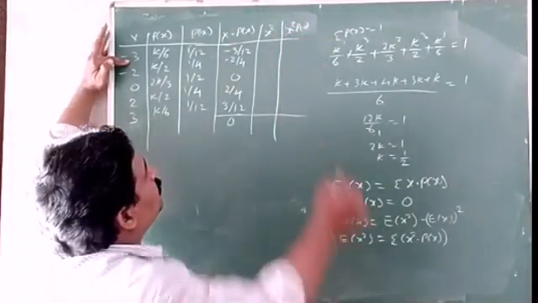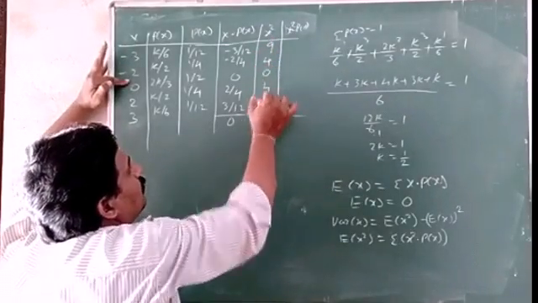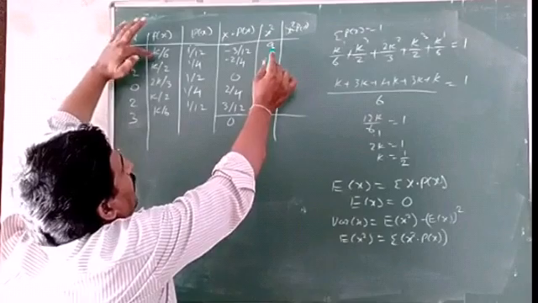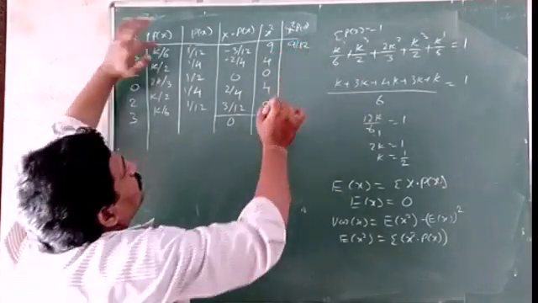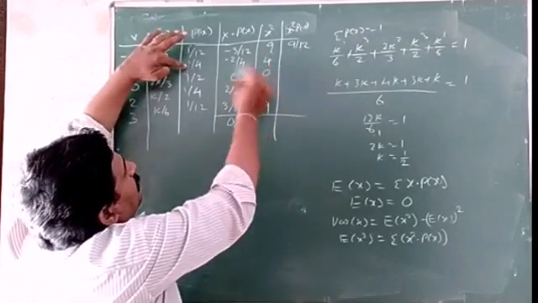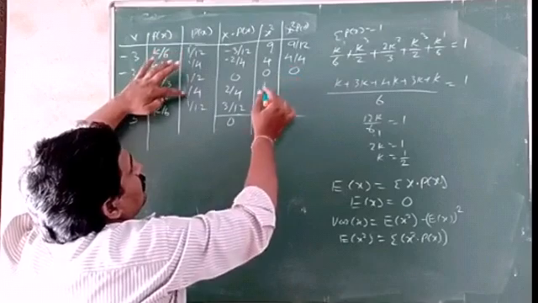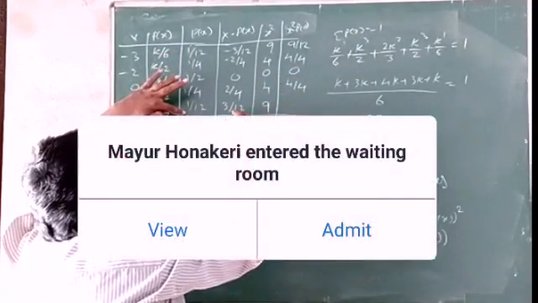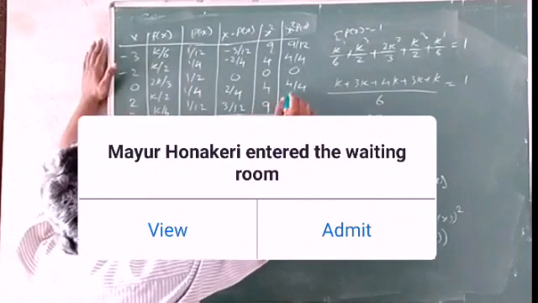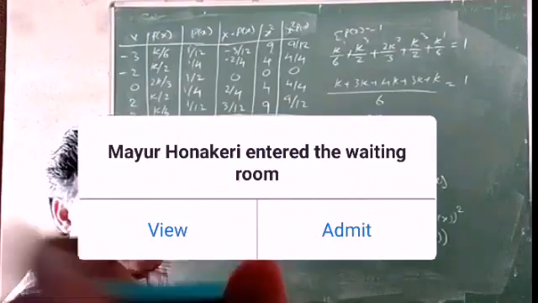So 3 square 9, 2 square 4, 0, 4 and 9. So 9 into 1 by 12, that is 9 by 12, and here 4 into 1 by 4, 4 by 4, 0, 4 into 1 by 4 is 4 by 4, and last 9 into 1 by 12 is 9 by 12.